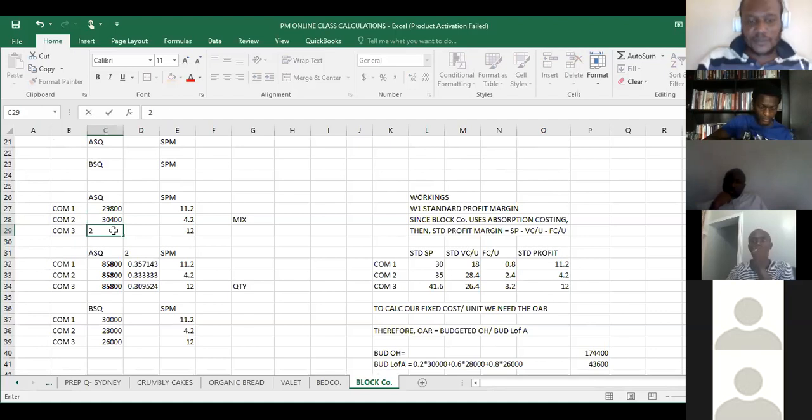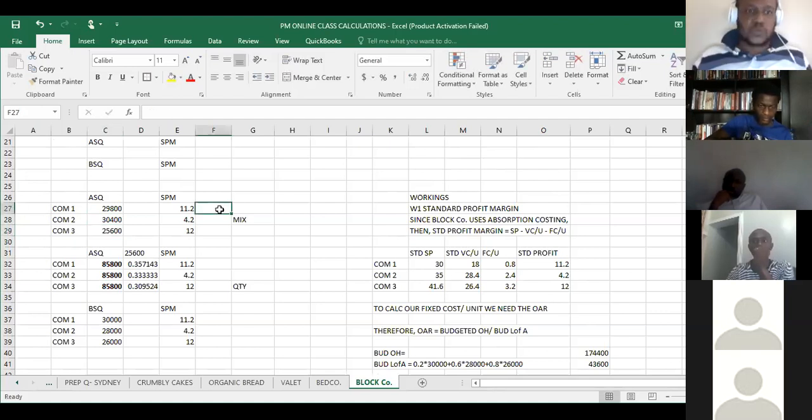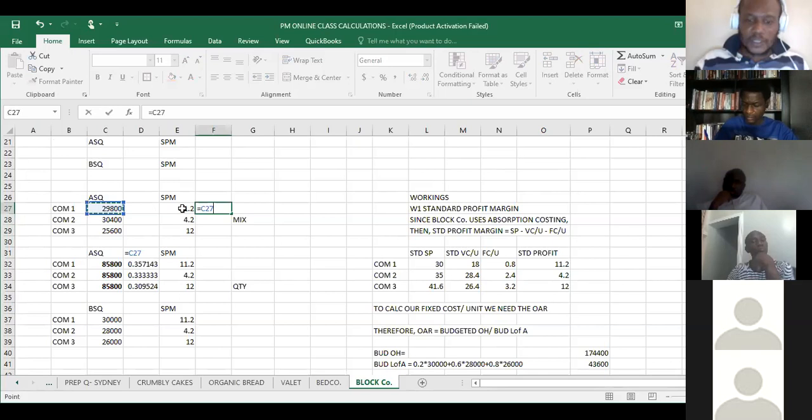All right. So this is equal to that multiplied by the other one. And that's good to do for the 3 of them.